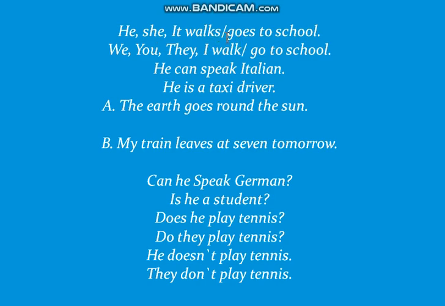Walk takes S, go takes ES. And as for we, you, they, and I, you just use the simple form of the verb, without the addition of S or ES.